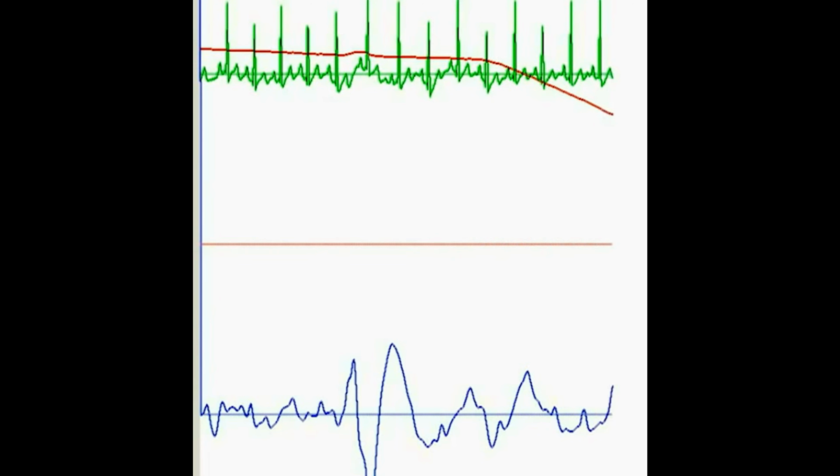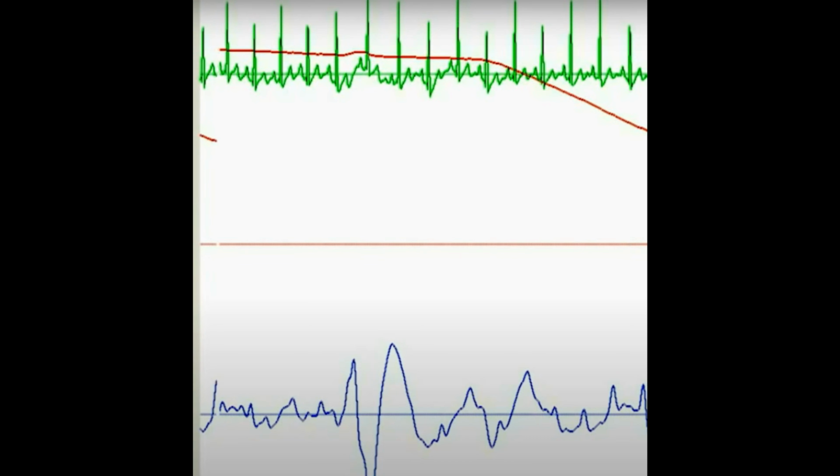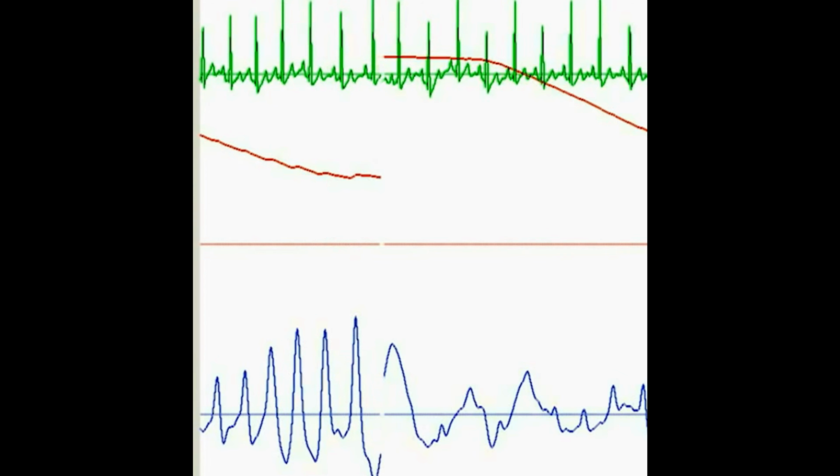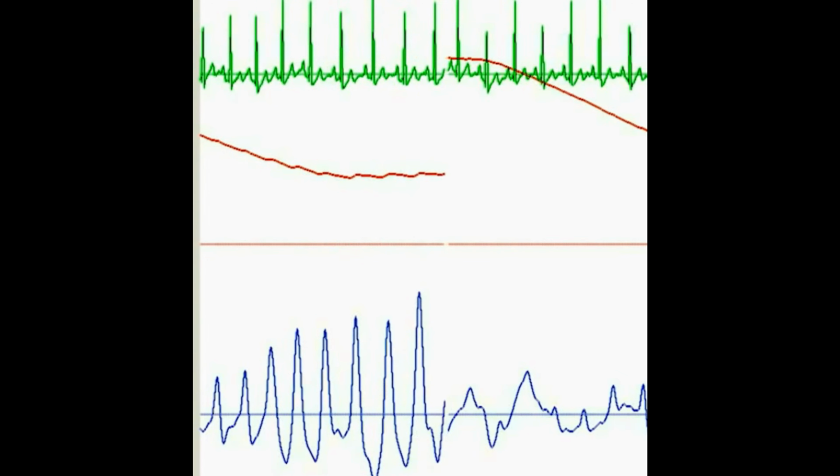So you can see here when the cuff is taken to the maximum pressure and it's allowed to deflate. At this point you can see it's dropping down and it's starting the pulse, so that is systolic, and it's again dropping down.